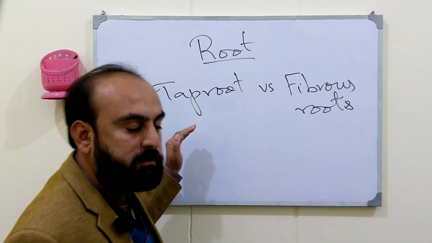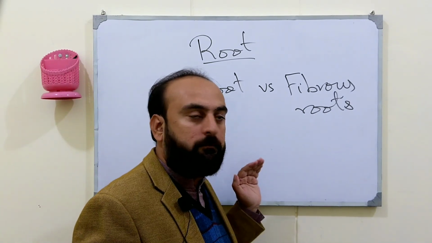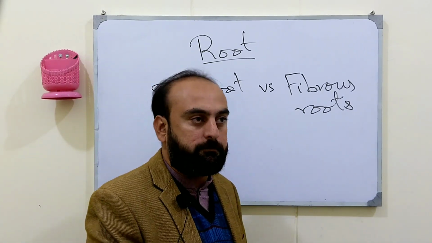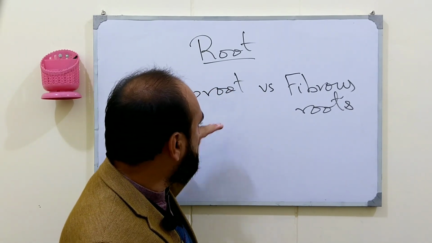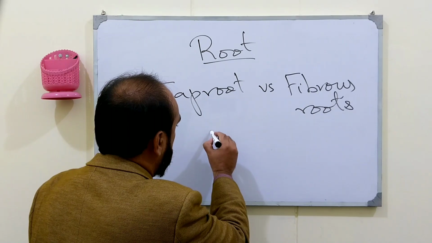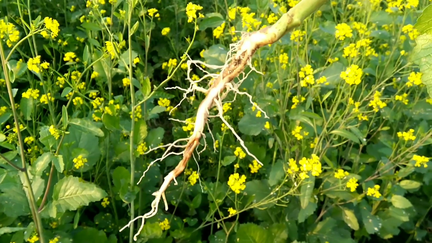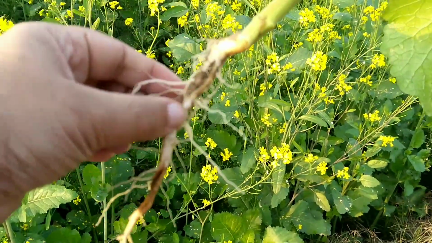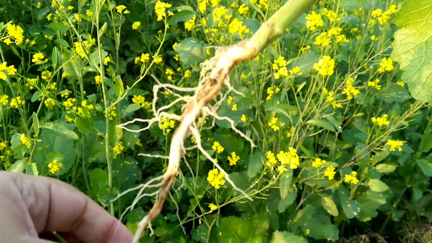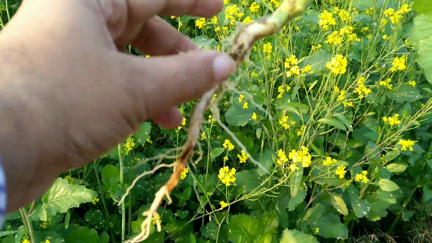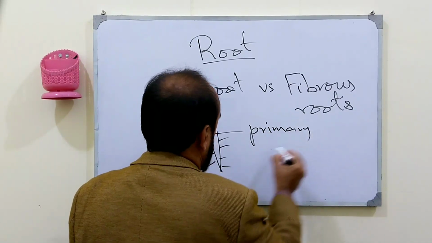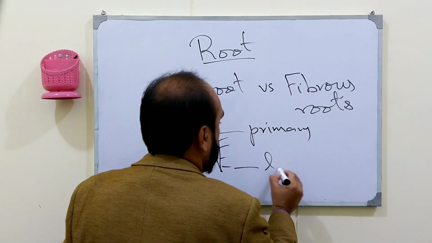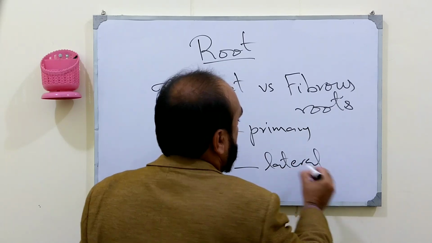The taproot system, a typical characteristic of dicots, is a deep-rooted system in which there is a large central root, a primary root, with shorter lateral or branching roots. So this is the primary root, and then there are lateral roots or branching roots.